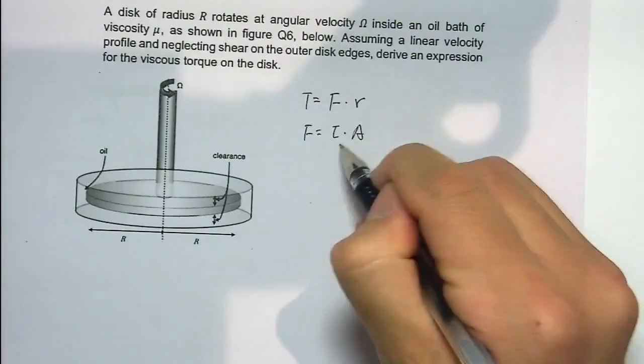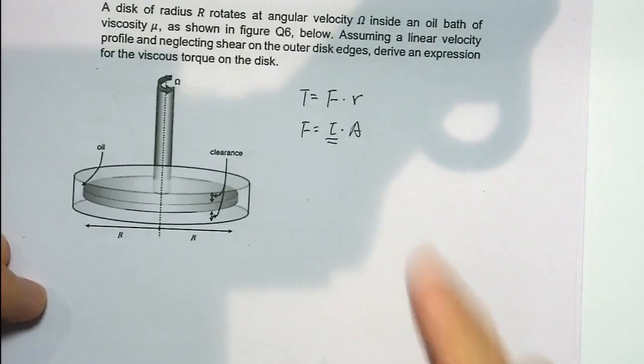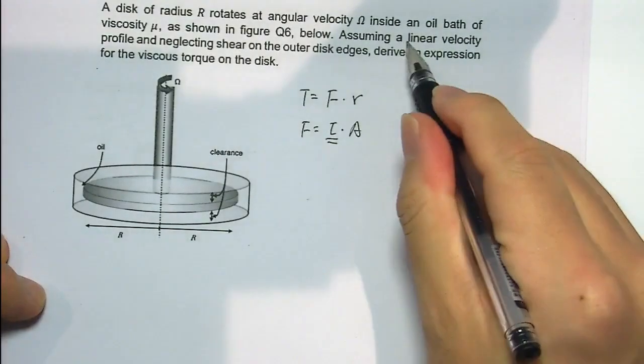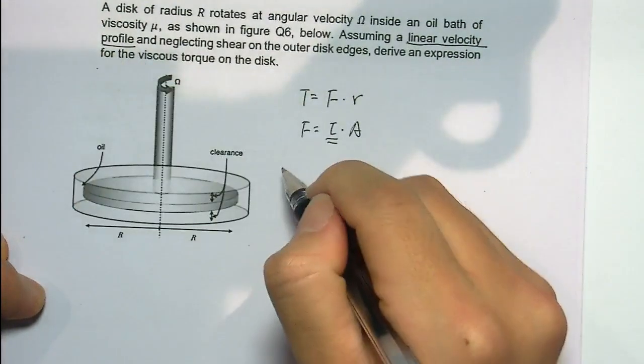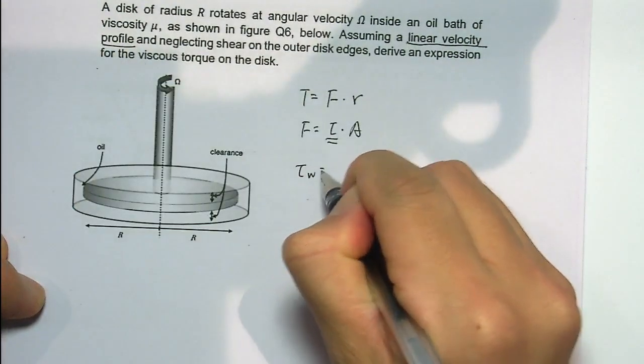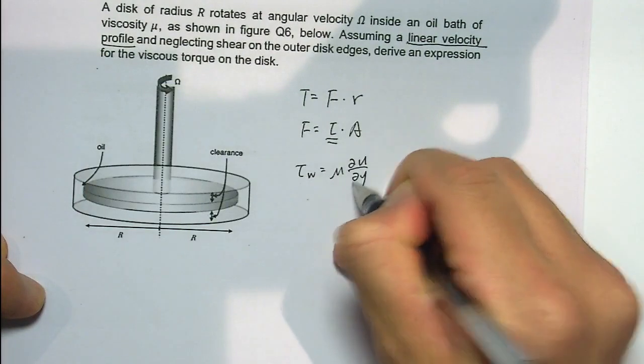And then we need to solve the shear stress. Firstly, we know that the velocity has a linear profile, which means the shear stress, tau, equals mu times partial u over partial y.